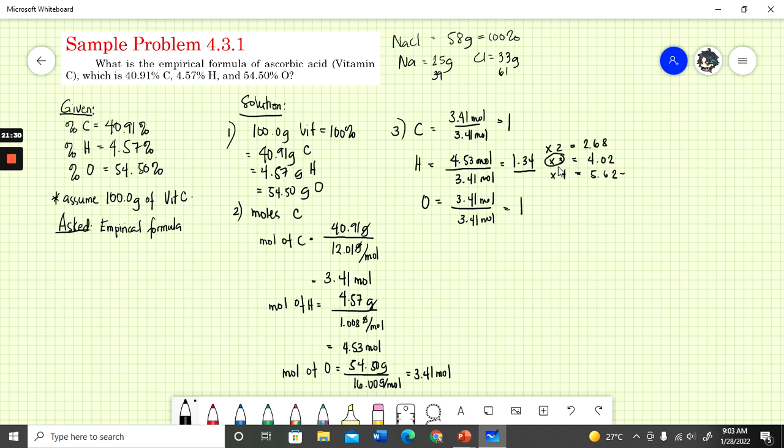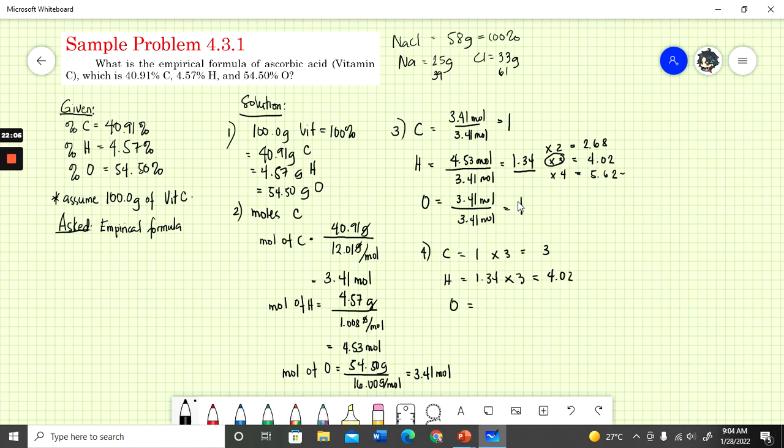So after doing that, number 4, use the multiplier. You do not need to do this if everything is whole number. But since you have one non-whole number, then you have to find a multiplier. So after finding that, what you want to do is to multiply the multiplier on everything. So you would get, see, you have 1 times 3, that is equal to 3. Hydrogen has 1.34 multiplied by 3, you would have 4.02.